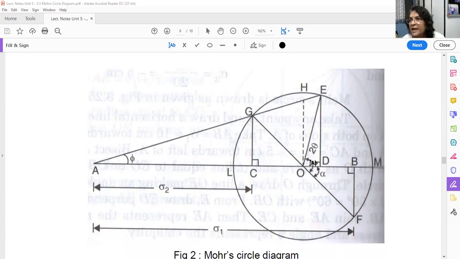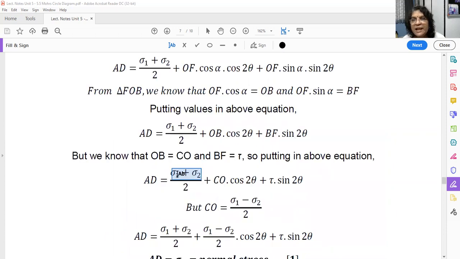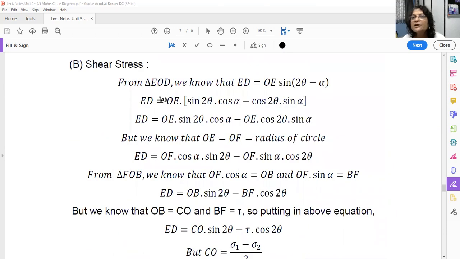Okay, how much is this angle? 2 theta minus alpha. Okay, so ED is equal to OE into sine 2 theta minus alpha. We have defined sine. Okay, again, I will tell you, ED is equal to OE into sine 2 theta minus alpha. Okay, so this is your shear stress acting on the inclined plane.